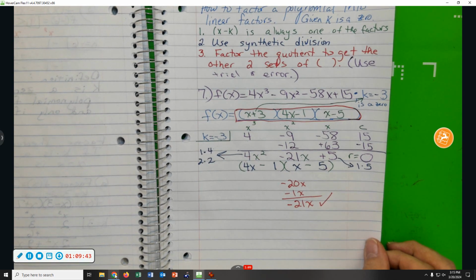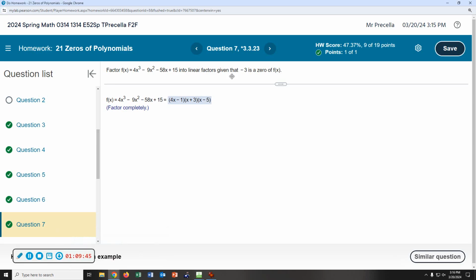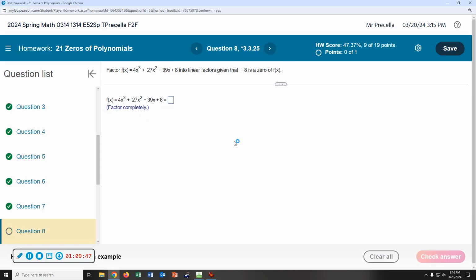But we're gonna do one more of these. Let's do number 8 all the way through. There's 3 problems here that we're gonna factor. And this one, once again, doesn't say K equals -8. You just gotta know when it says -8 is a 0, that's your K value. F of x is equal to 4x cubed plus 27x squared minus 39x.